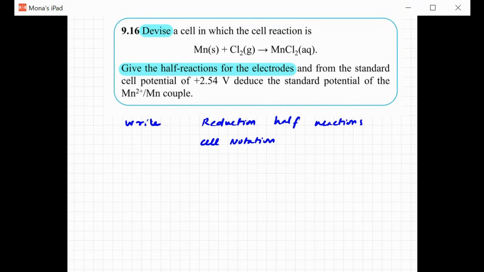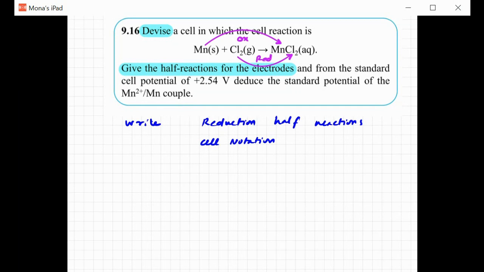It says, from the standard potential of plus 2.54, deduce the standard potential of the Mn2+/Mn couple. Now, how many couples here? We have two couples. The first couple is this, and the other one is this. One is for oxidation, and the other one for reduction.